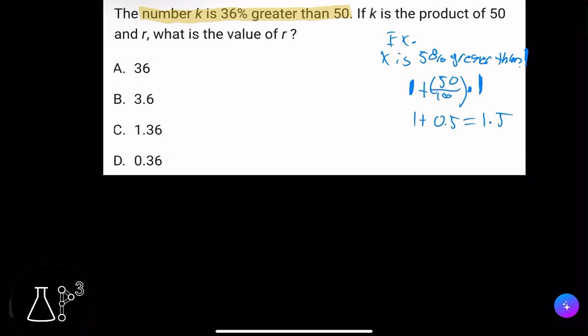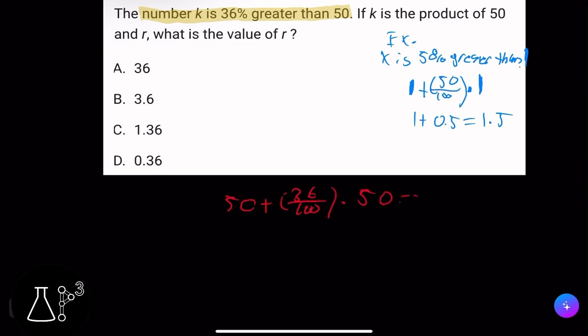So we're going to do the same thing for number K. If K is 36% greater than 50, I'm going to write that as 50 plus 36 divided by 100 and multiply by 50.